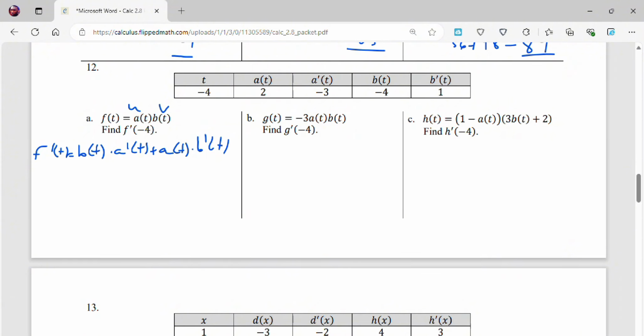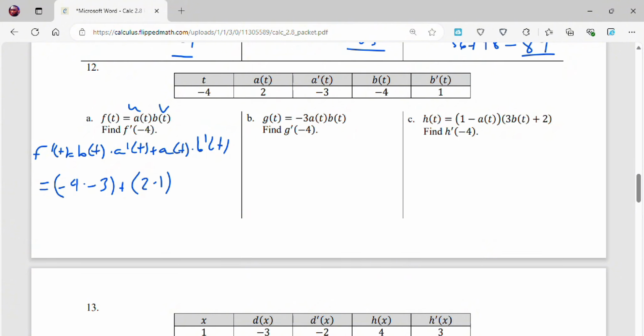Alright, f prime of -4, so b of -4 is -4 times a prime of -4, so times -3, plus a of -4, so 2 times b prime of t.